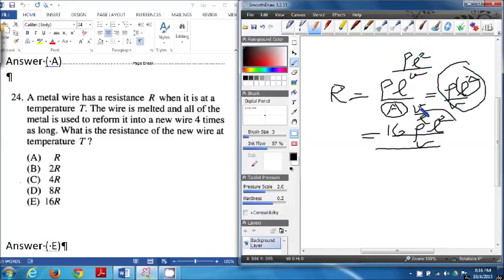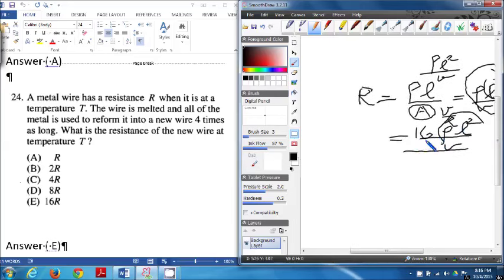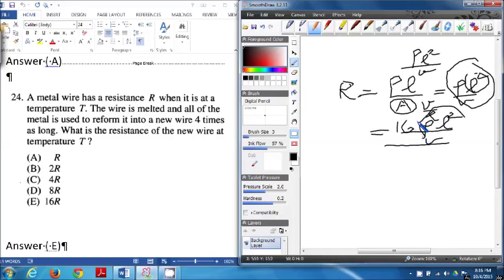So it becomes 16 times resistance. So the answer is E.